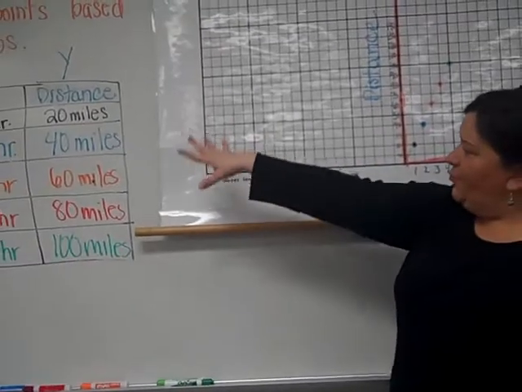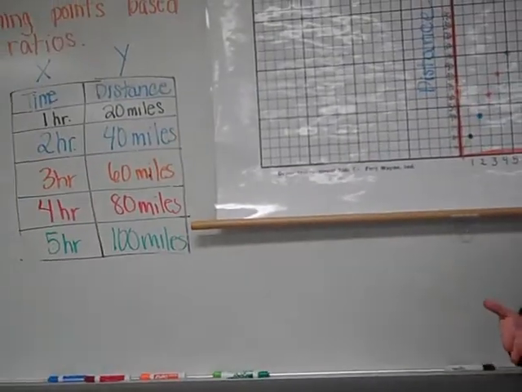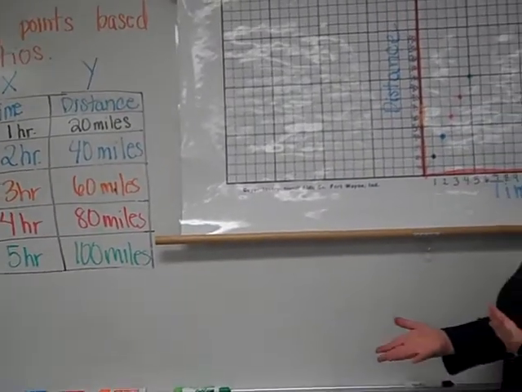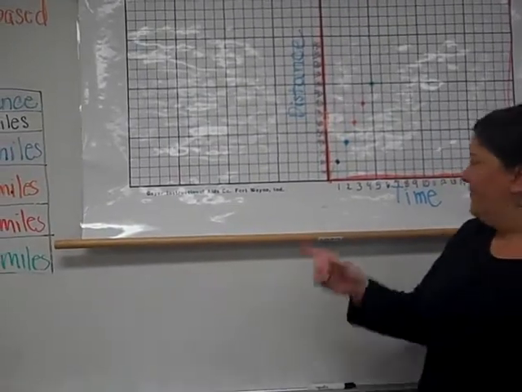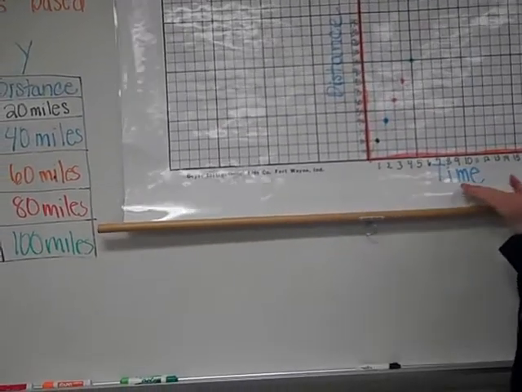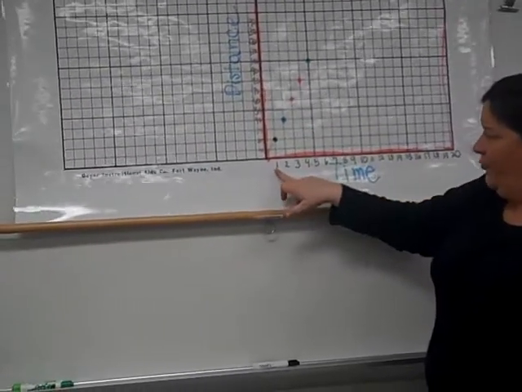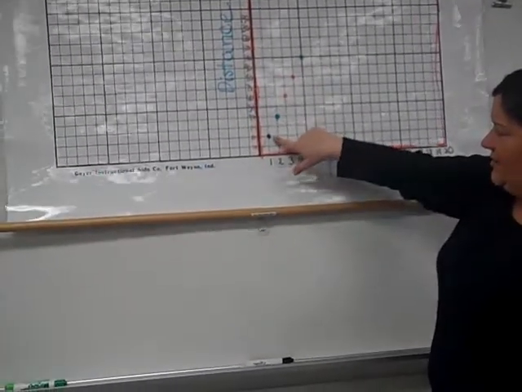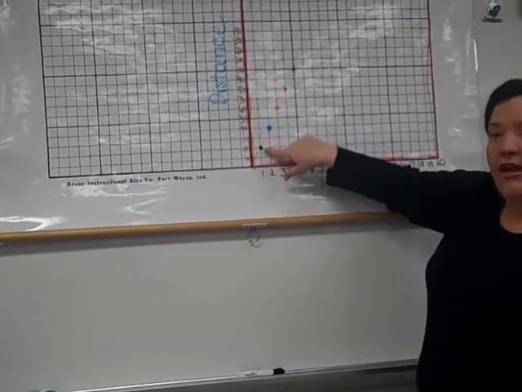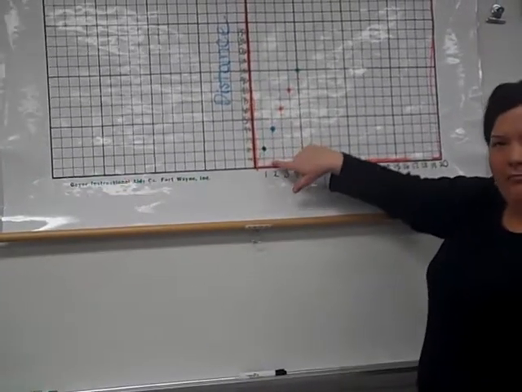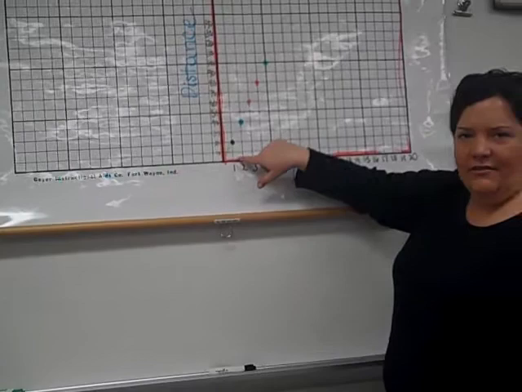As you see, within 1 hour, the golf cart will travel 20 miles. So at the bottom I have our time, and I have 1 hour, and I plotted my point where the 1 hour and the 20 miles intersect.